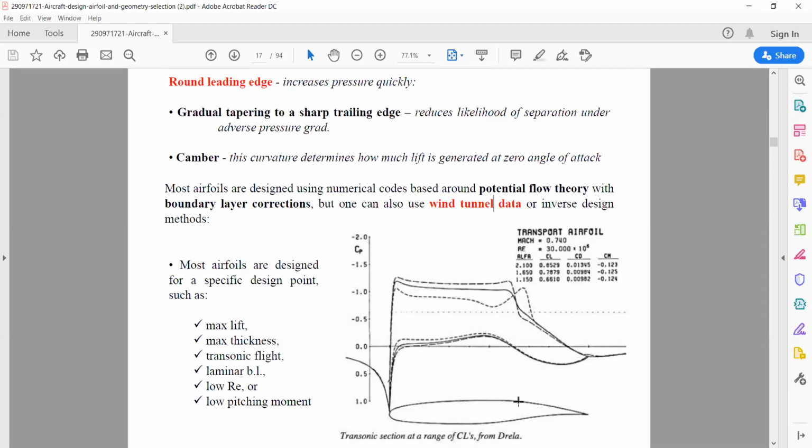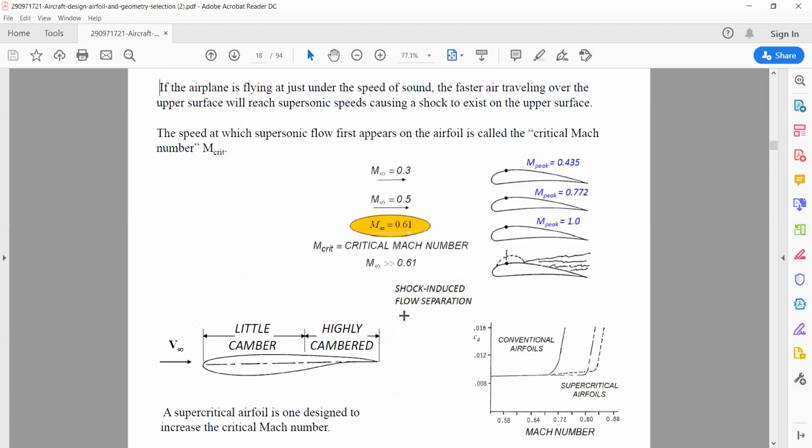When I keep it in the wind tunnel and the airflow occurs, these holes will be connected to a manometer for the pressure measurement. From that pressure distribution, we plot the graph. At that time, it looks like this. This is called a pressure distribution over the airfoil, upper and lower surface both. By that, we'll understand how the net lifting force is generated.